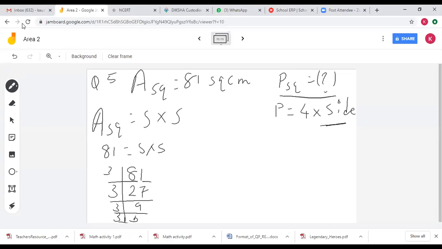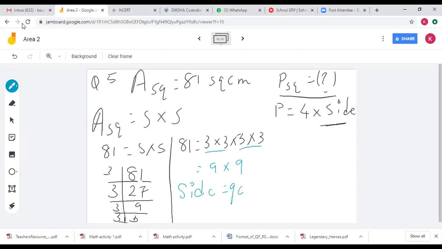So 81 is equal to 3 times 3 times 3 times 3. We have to make pairs now. So 3 3s is 9 into 9. So side is equal to 9 centimeter. Once we have side, it becomes very easy that perimeter is equal to 4 times side, which is 9. So 4 9s are 36 centimeter.